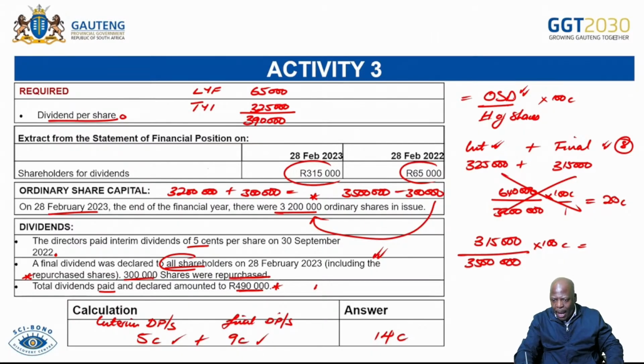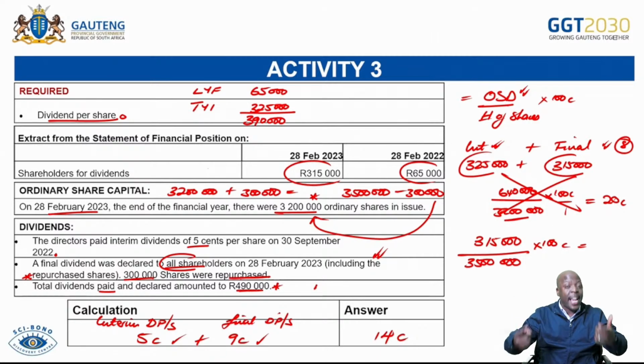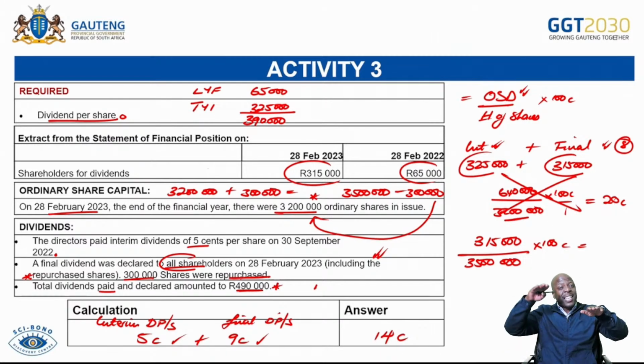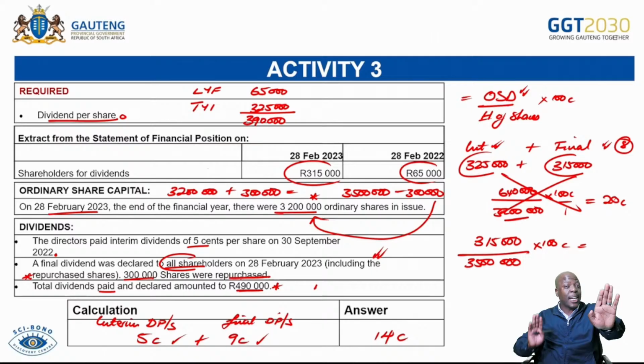If I just take my ordinary share dividends and say my interim amount plus my final amount, and I divide it by the number of shares, it will not give me a true reflection because the number of shares have changed. When I gave my interim dividend, there was a certain number of shares. When I give my final dividend, there's also a certain number of shares. So it would have changed. So I can't use the same amount. Are we together?